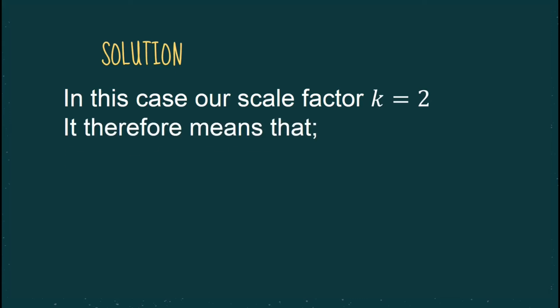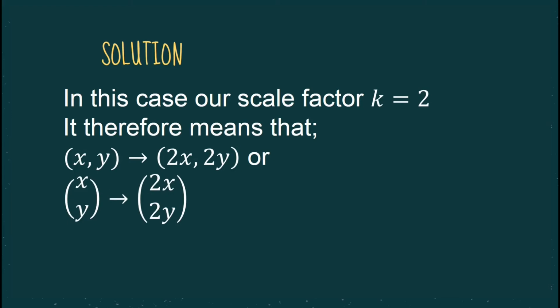It therefore means that anytime I have an object point (x, y) and I'm enlarging the object point through the origin, I have to multiply my object point by my scale factor, and the scale factor given is 2. So 2 multiplying the object point (x, y) will become (2x, 2y), which can also be written as (x, y) mapping to (2x, 2y), that is in a colon form.